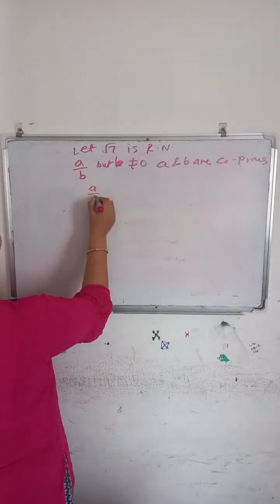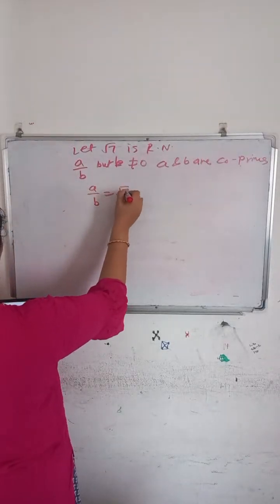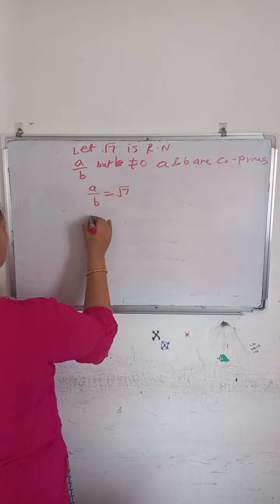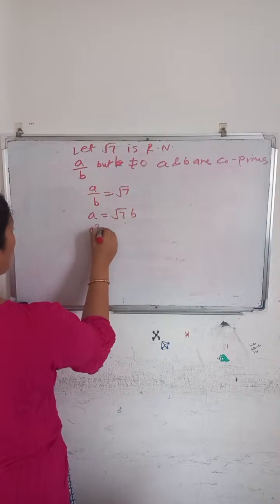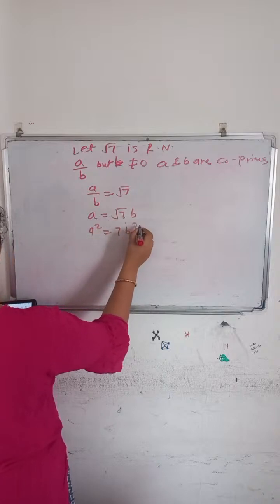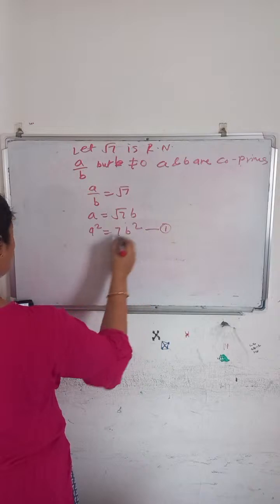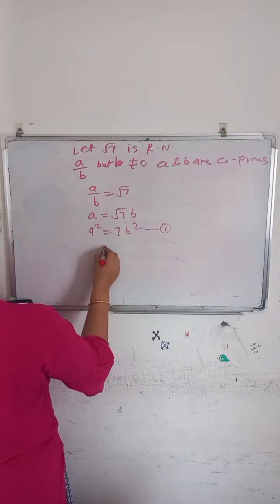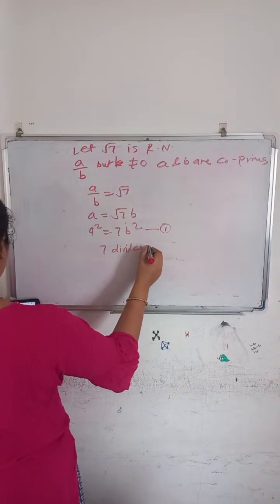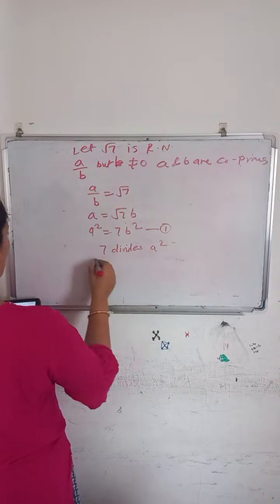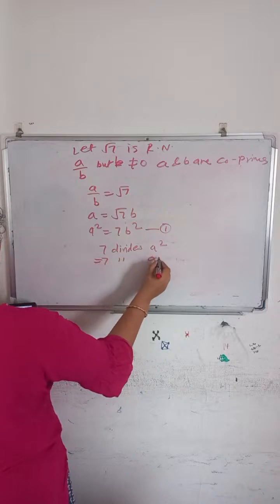Then we can write a by b is equal to root 7. Then we transpose this b to this side, root 7 into b, square it, and you will get 7 b square. This is equation number 1. Then we can say that 7 divides a square, as well as 7 divides a also.